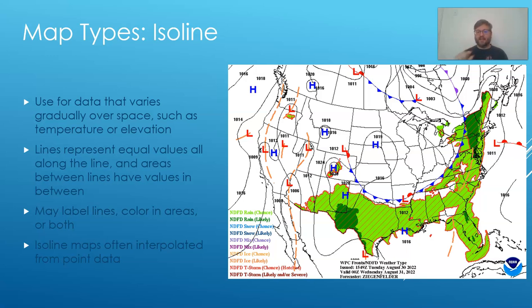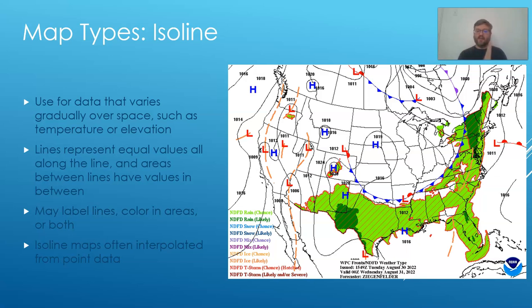You'll see that the value of 1016 millibars is right on top of that line. So that tells you that that isoline is the 1016 millibar isoline. So any point that's exactly on that line has an atmospheric pressure of 1016 millibars.